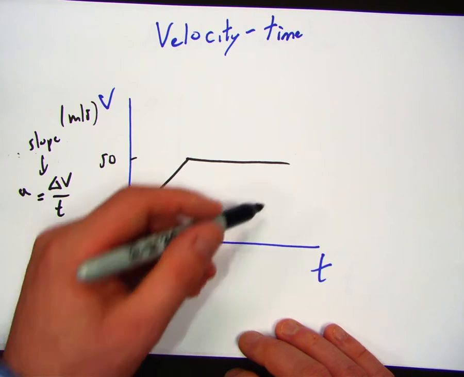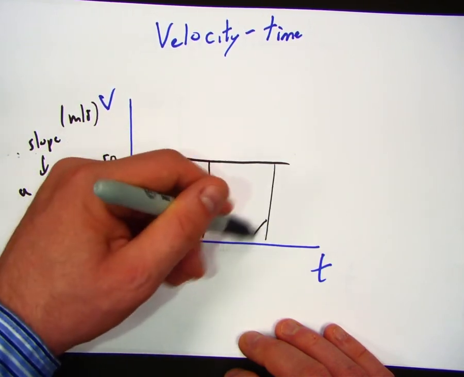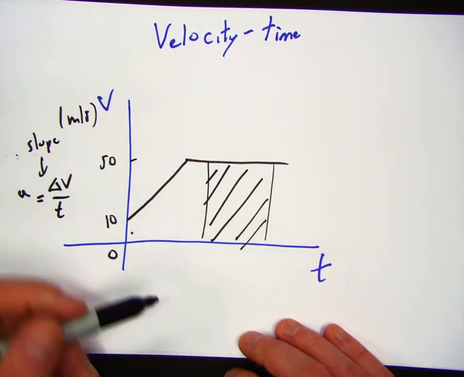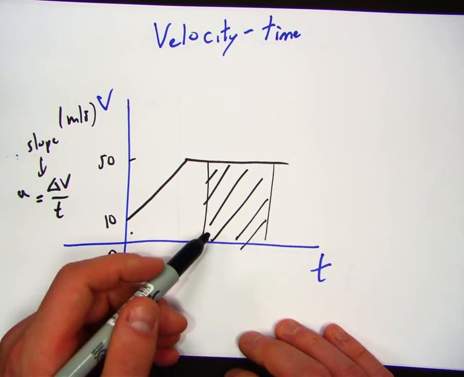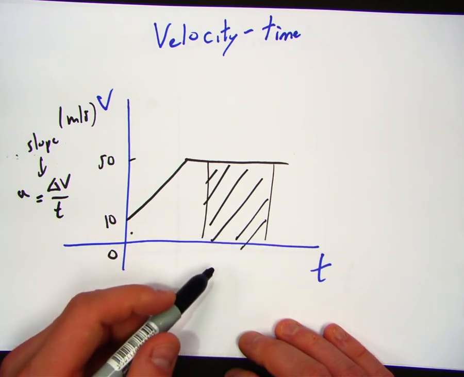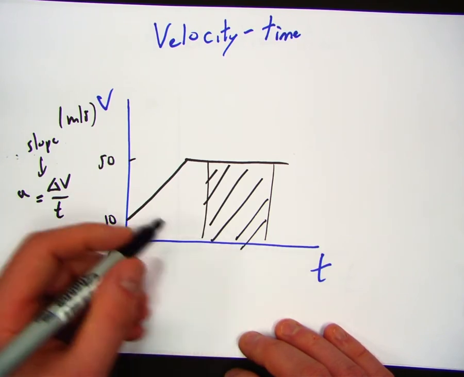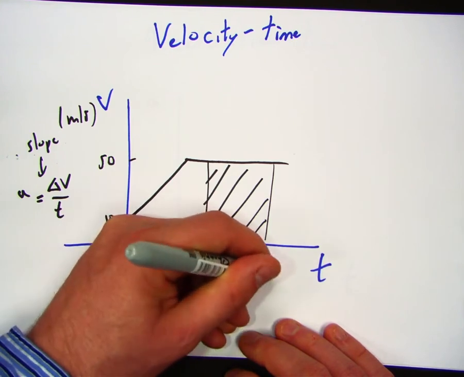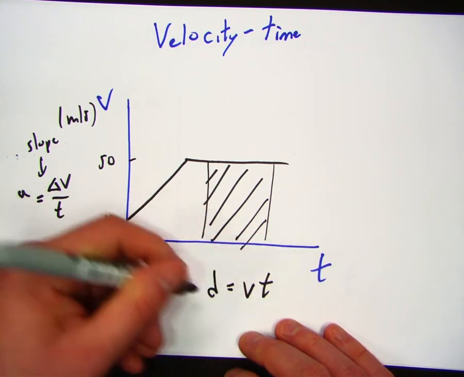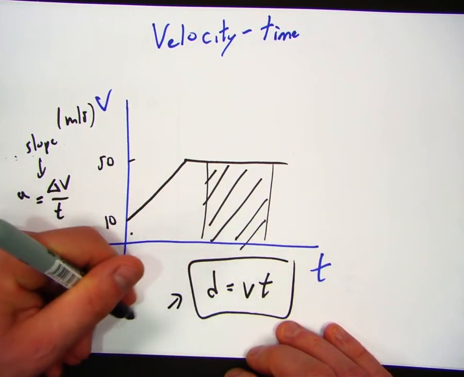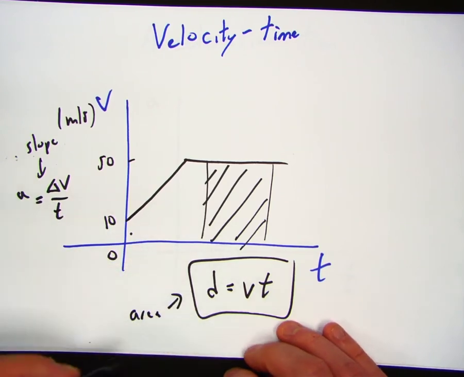What does the area represent? If I take a piece of this and find the area underneath the graph, this area will represent the displacement, because it'll be velocity times time, which we already know as displacement. So the area will represent the displacement.